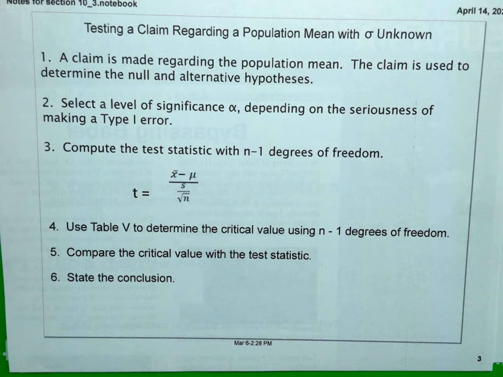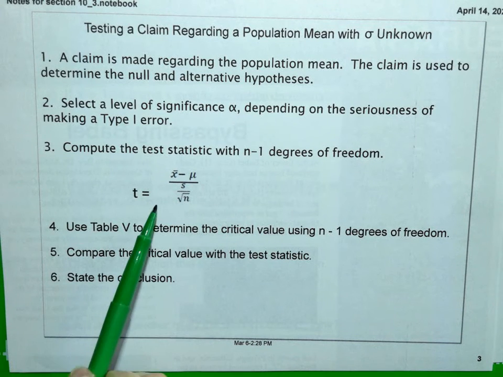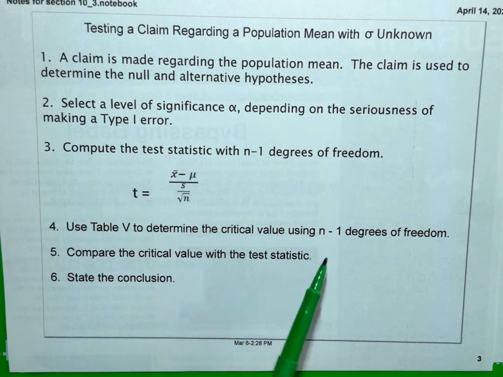We use table 5 to determine the critical value, that's the inside cover of your book, with n-1 degrees of freedom. We compare the critical value to the test statistic. We state the conclusion. The only differences are this is T instead of Z. We use table 5 instead of table 4. Everything else is the same process.